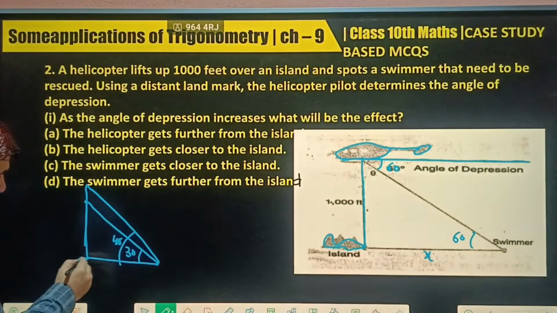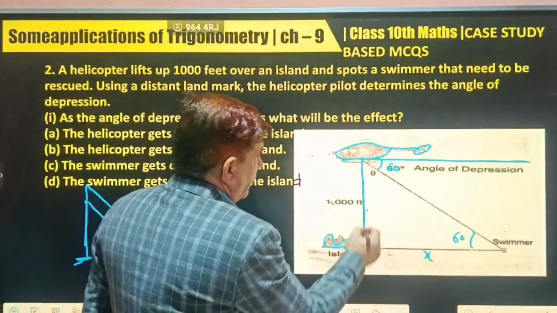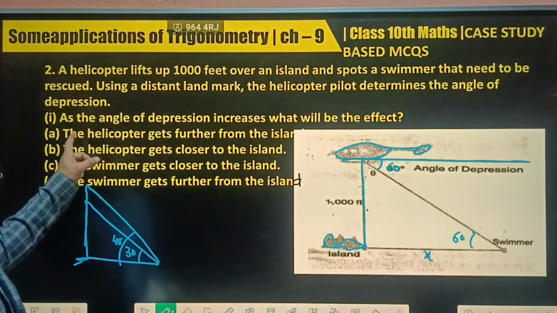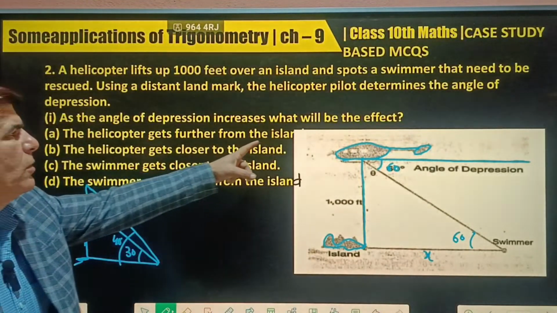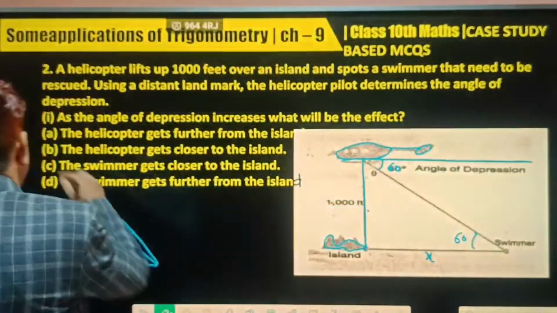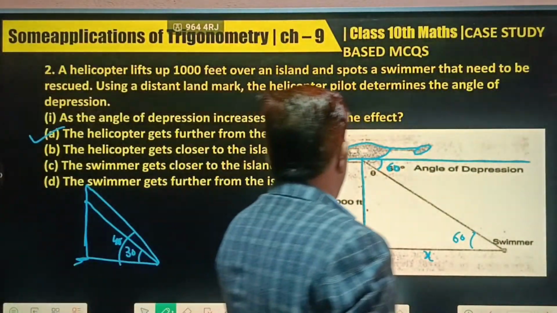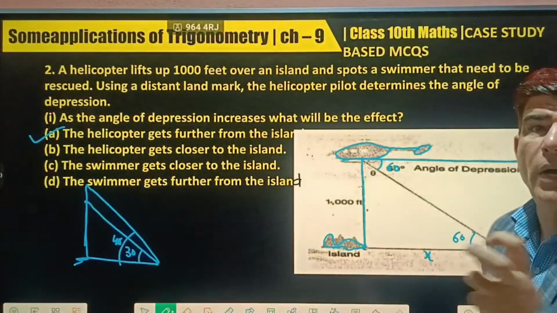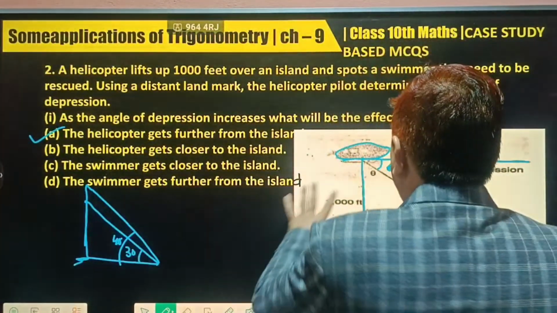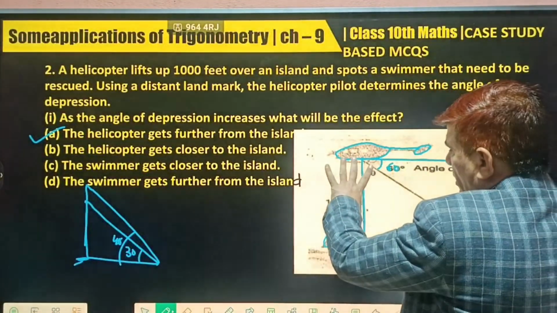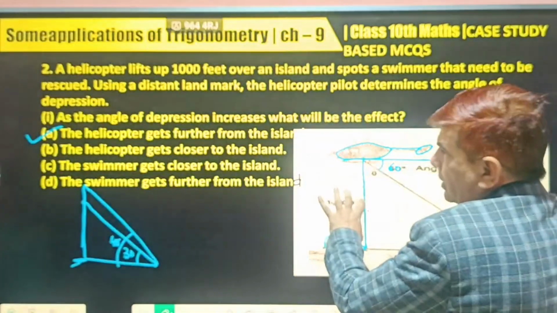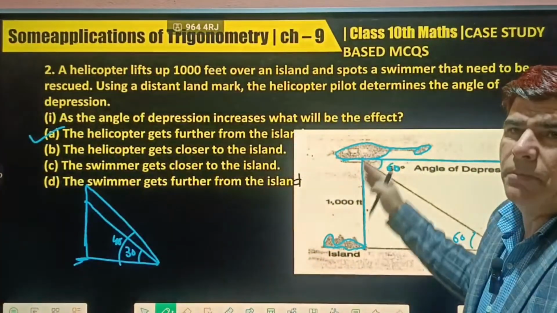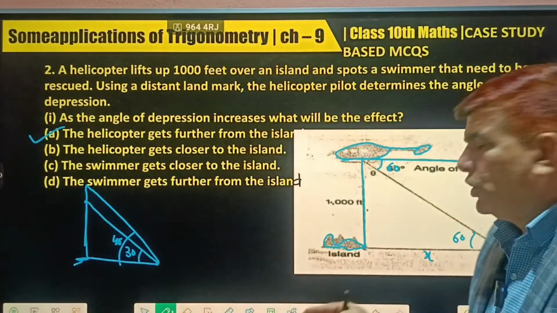This is the island, and if this increases, the helicopter gets further from the island. So which one is your answer? A. The distance starts increasing if the angle starts increasing. If the angle starts decreasing, the distance between the helicopter and the island decreases. Or in other words, the height of the helicopter decreases if the angle increases.